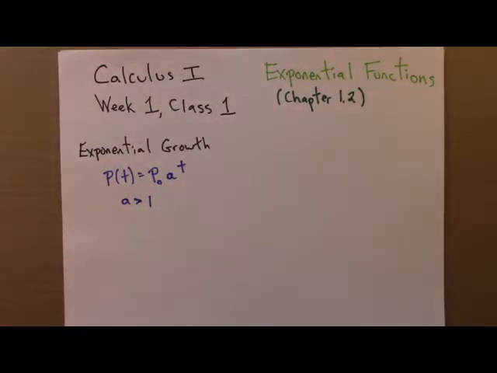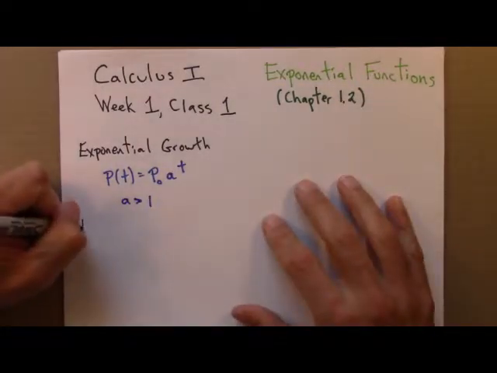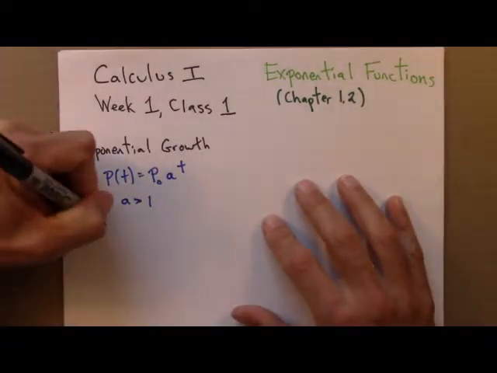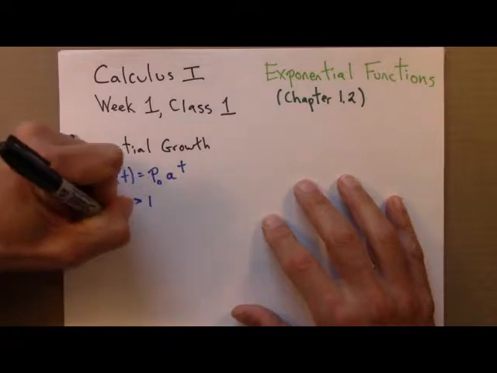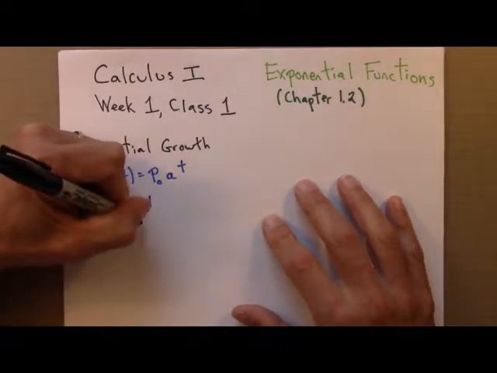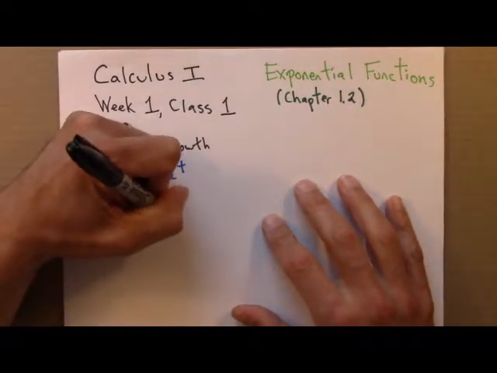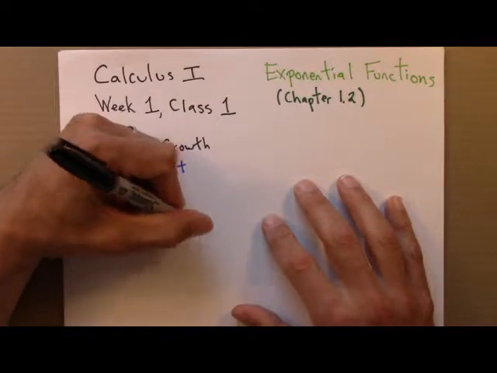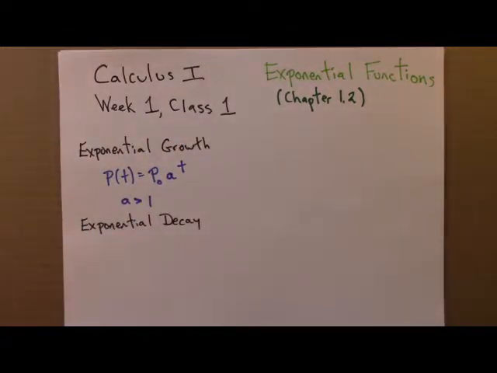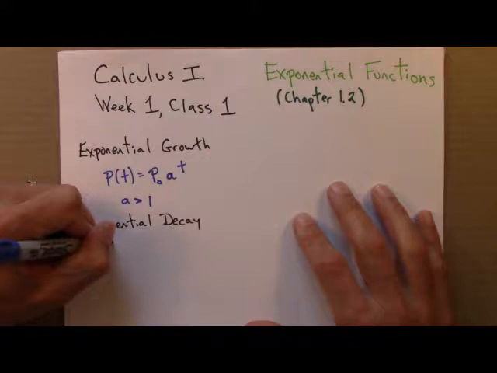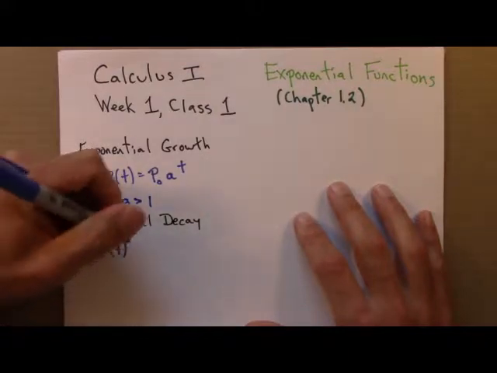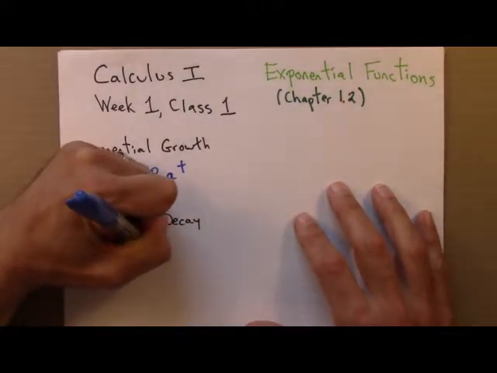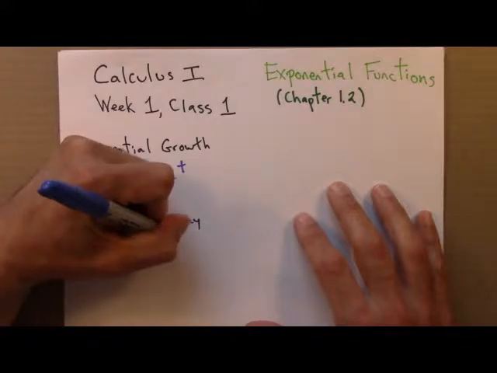And we also have exponential decay. And the formula for that is the same. It's P naught a to the t.